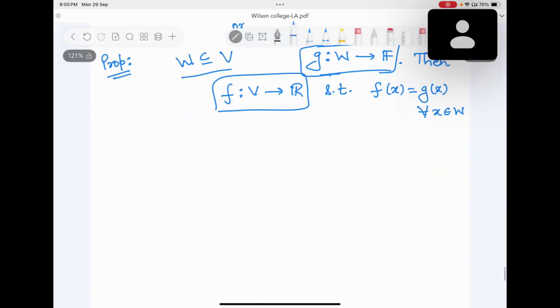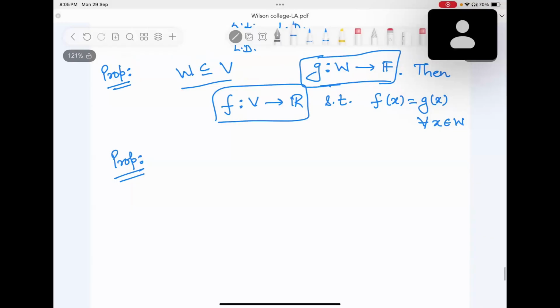Let me tell you one more property. Now suppose you have some linear functionals, f1, f2, up to fn.